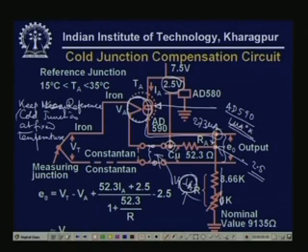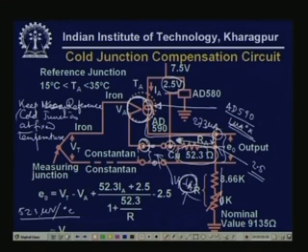But now as this temperature rises, the potential at this point will change by how much? For constantan, it will change by something like 52.3 microvolt per degree centigrade. So we have to compensate this. That's why a 52.3 ohm resistance is put, so that every additional microampere will drive through this.